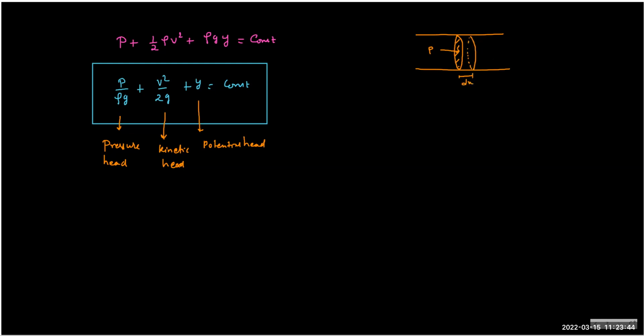dx. So we all know work done is defined as force into displacement, and here the work is being done by the pressure which is in the liquid. So the force on the cross section we can write as pressure into area. So P A dx we write as volume.